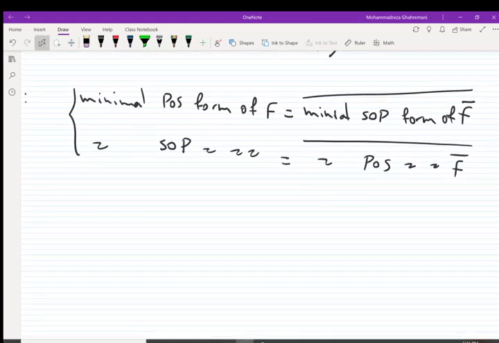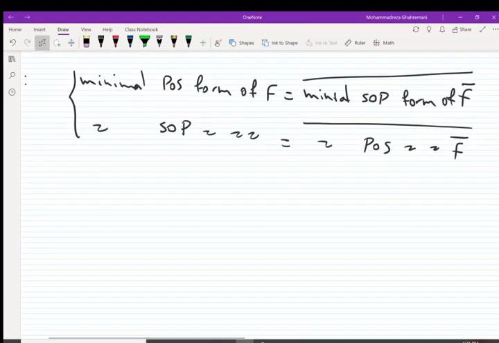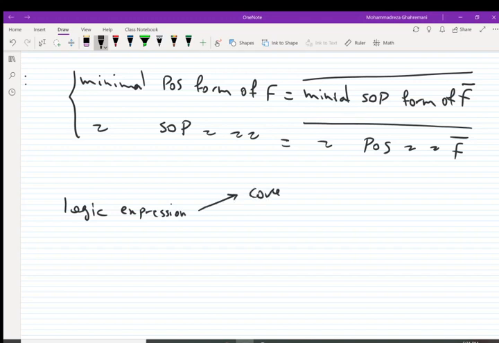Okay, so in logic expression, if we cover ones, we will get minimal sum of product form.